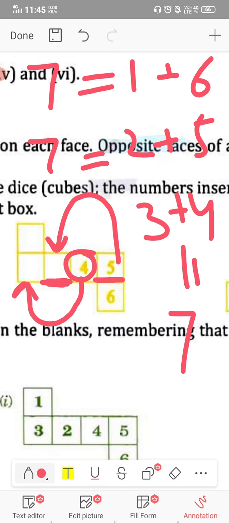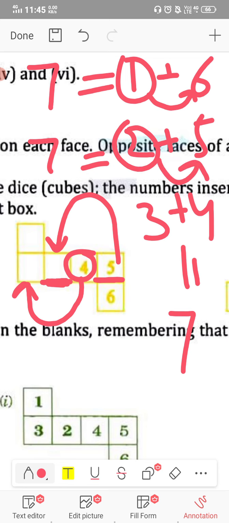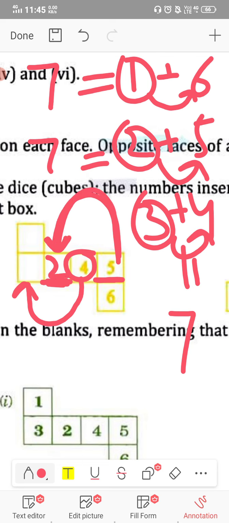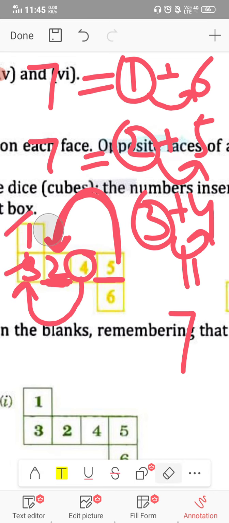Every time, the opposite side of 1 is 6, the opposite side of 2 is 5, and the opposite side of 3 will be 4. So the opposite side of 5 will be 2, the opposite side of 4 will be 3, and the opposite side of 6 will be 1. In that way you can fill 1, 3 and 2 in the given spaces.